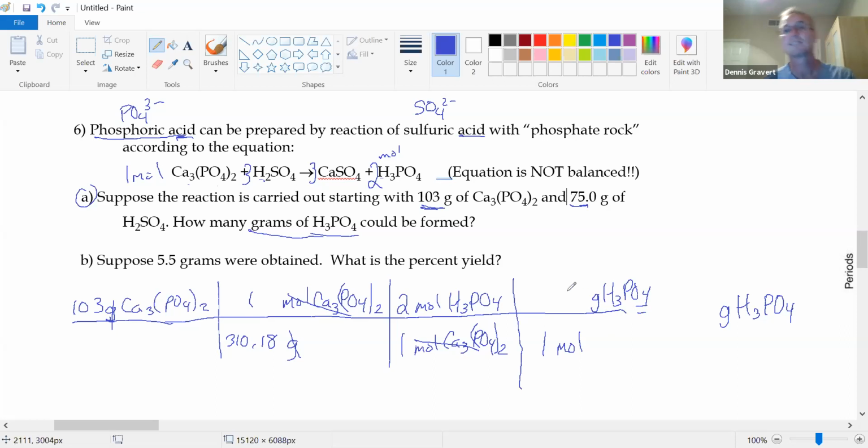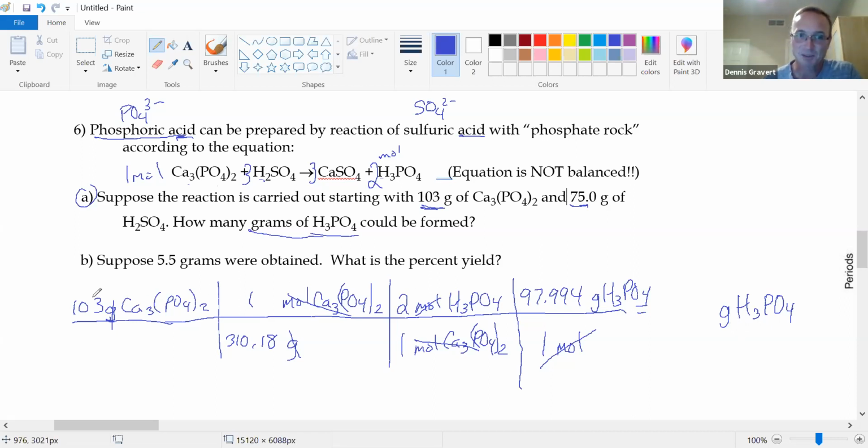And to do that, what's the number here? Go add up 3 hydrogens, 1 phosphorus, and 4 oxygens. And I got 97.994 grams. And now our moles cancel out. Good, these are the units, grams of phosphoric acid, that's what we wanted. Nice.